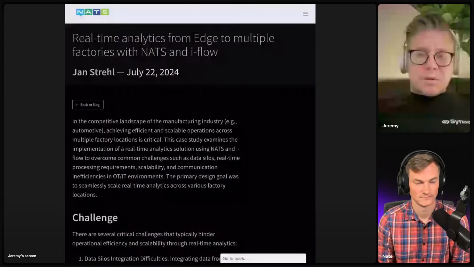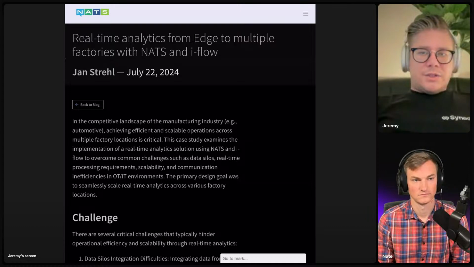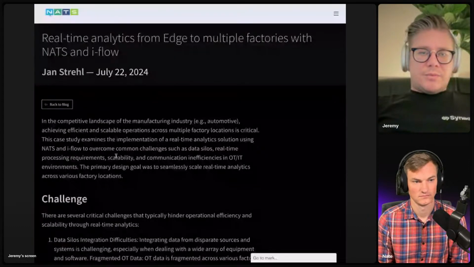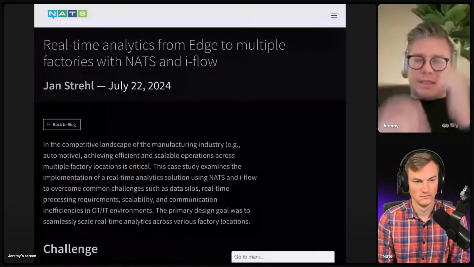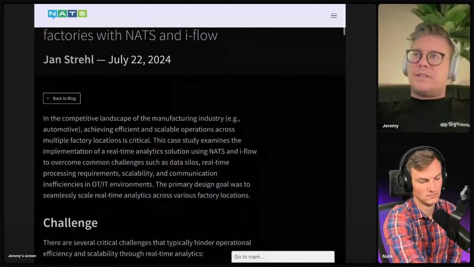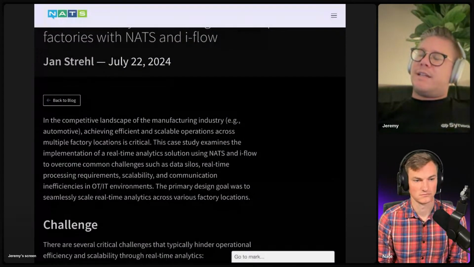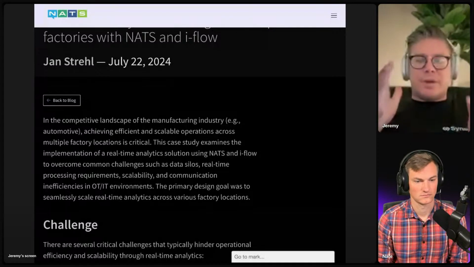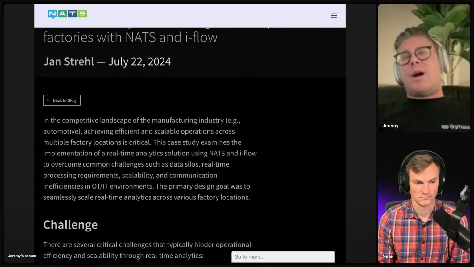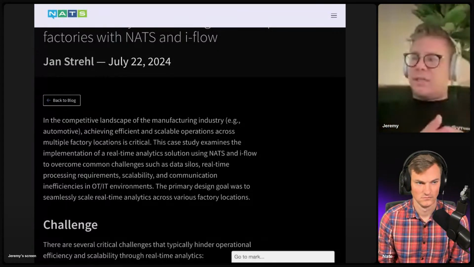Okay, so: real-time analytics from edge to multiple factories with NATS and iFlow. The one reason I really wanted to look at this blog post is that this is a common use case we see in a lot of places, and I feel like factory floors are a really good way to chat about why the edge is important.